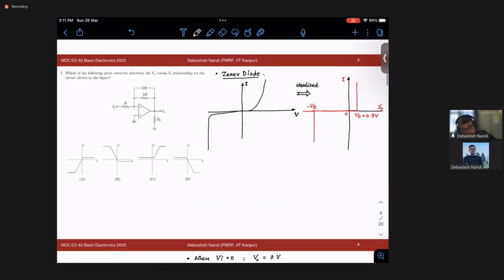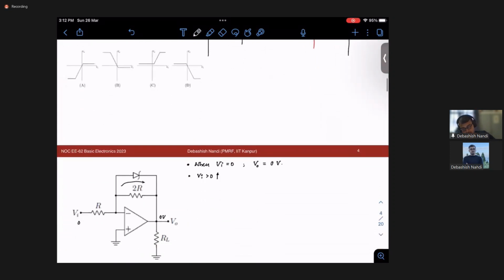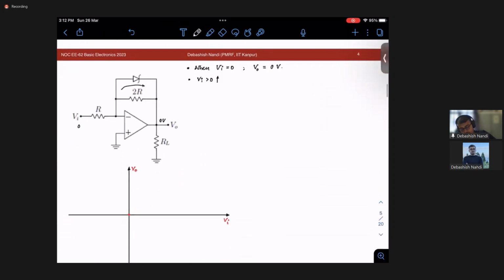Unless the voltage across the diode is 0.7 volt, till then this circuit will be turned off, right? Then just above 0, for a certain amount of input voltage, I will have only this path, right? And what is this path?